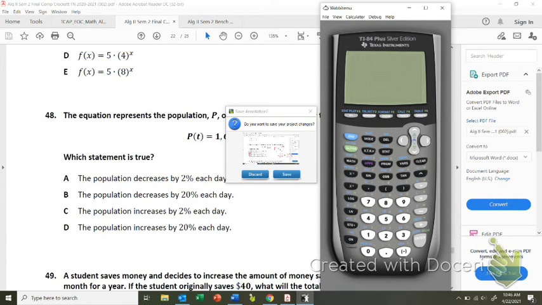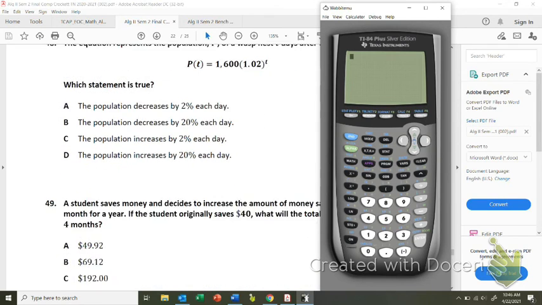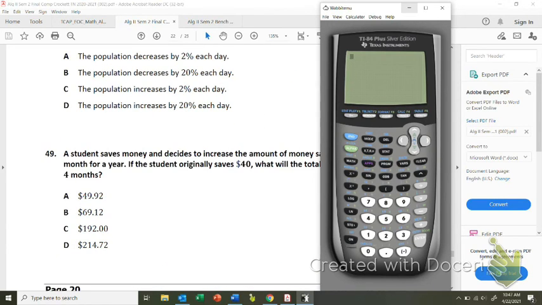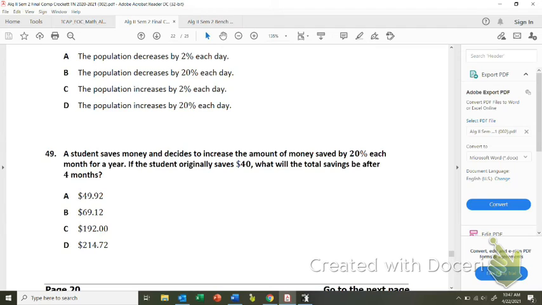All right, on number 49, it is very, very tricky. It says a student saves money and decides to increase the amount of money saved by 20% each month. If the student was originally given $40, what will be the total after 4 months? So we're starting with $40, okay?